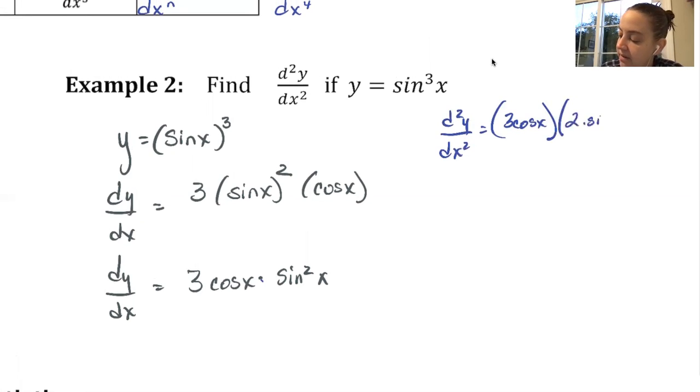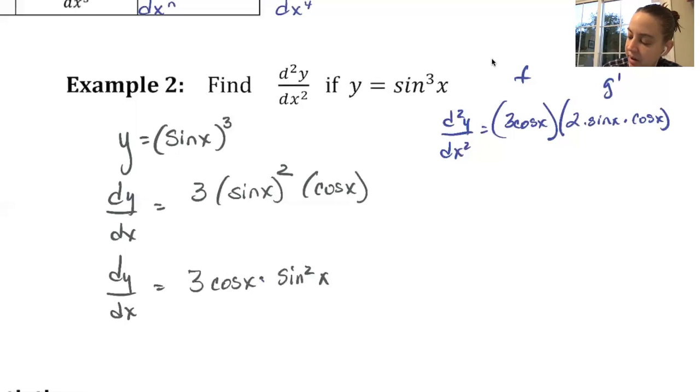So 2 sine of x, the derivative of sine is cosine of x. So this is my f, this is my g prime. I'm out of space on my notes, so I'm going to drop this down below. Sorry about that, g f prime. So g is sine squared of x, and f prime is -3 sine of x.